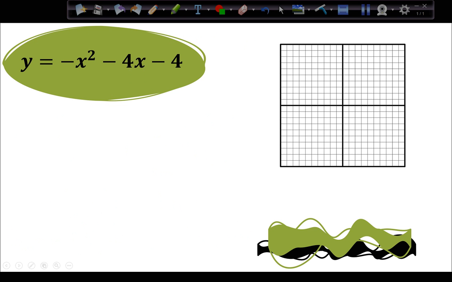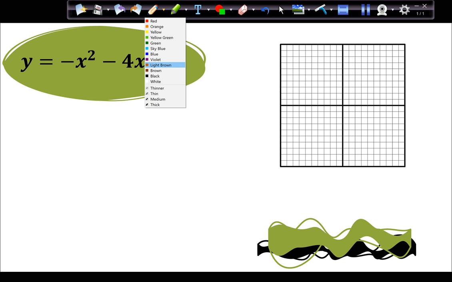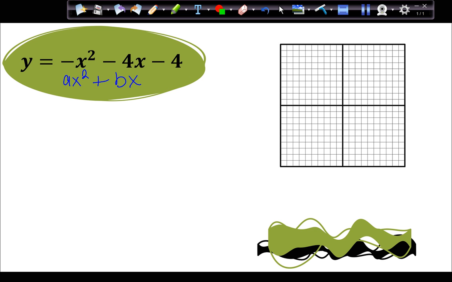Okay. So this is the third example, and you're going to actually finish this one on your own. I'm just going to get you started on it. I just want to point out the a, b, and c values. So I have ax squared plus bx plus c. So my a value would be negative 1.